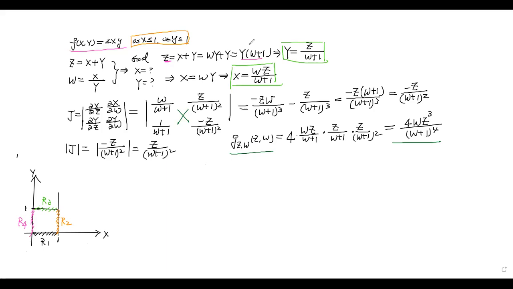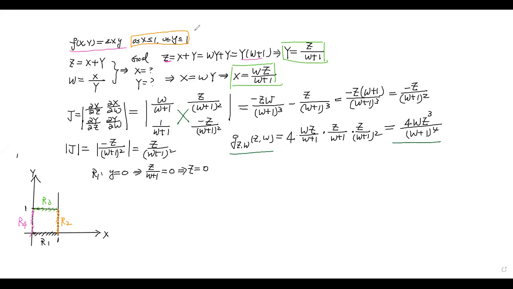Okay, so now I'm going to transfer that to the new domain. Let's see R1. For R1, what does that mean? That means y equal to 0, right? So y equal to 0 means z over (w+1) equal to 0, so z has to be equal to 0.